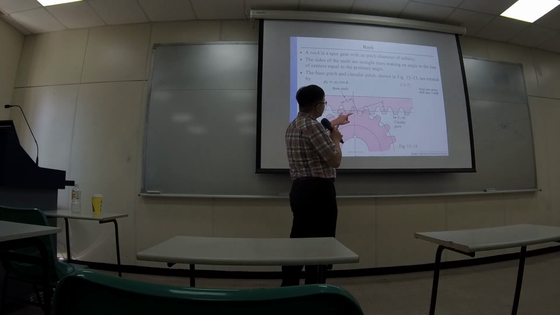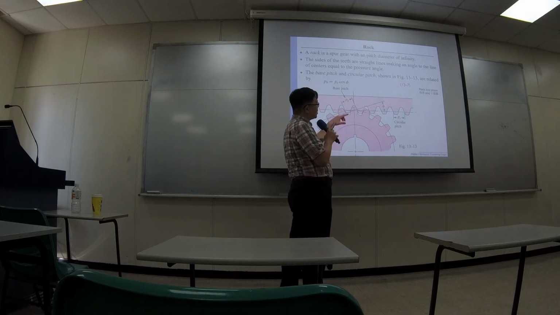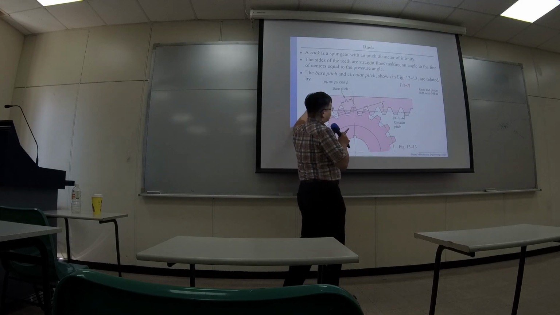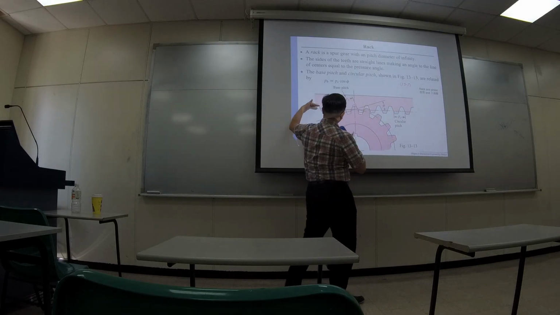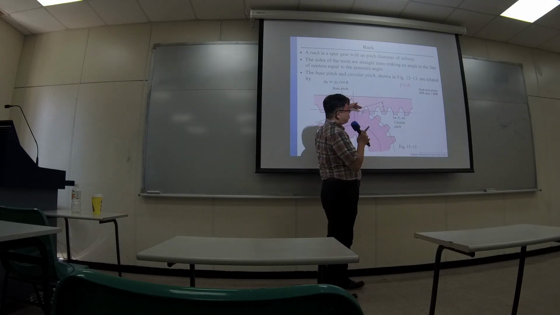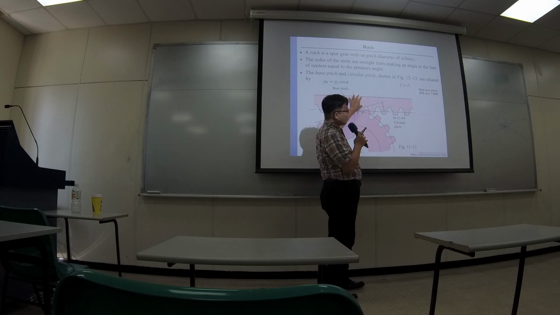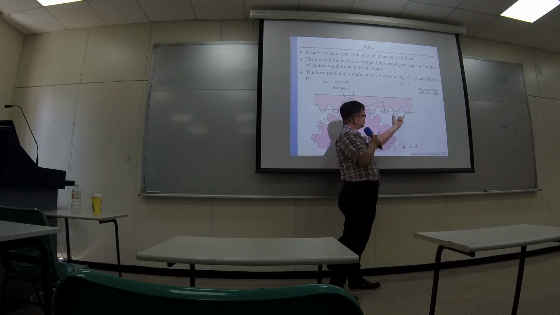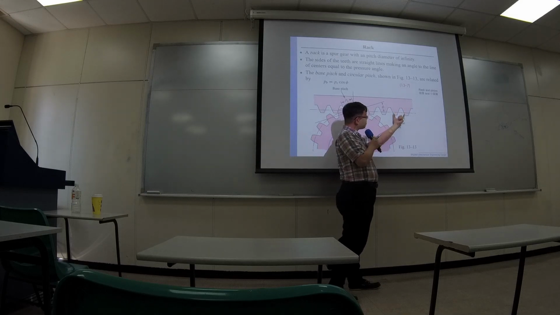And the pitch sometimes can be studied in a different direction. So for the rack, this dashed line is actually the pitch circle for this rack. So this is definitely its circular pitch.